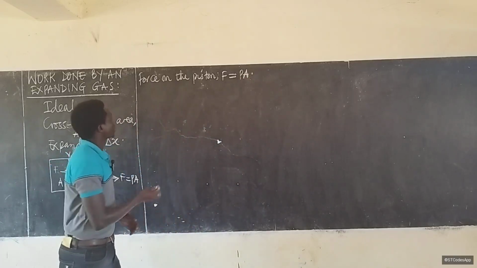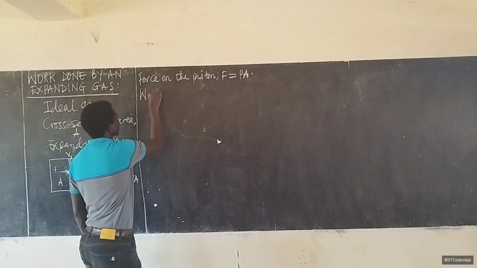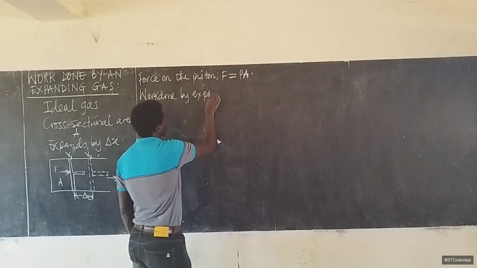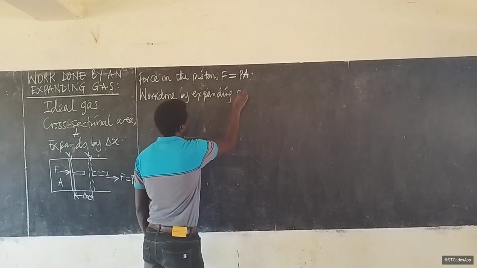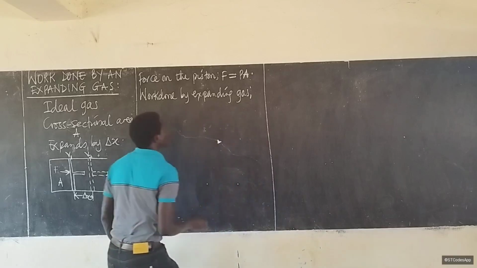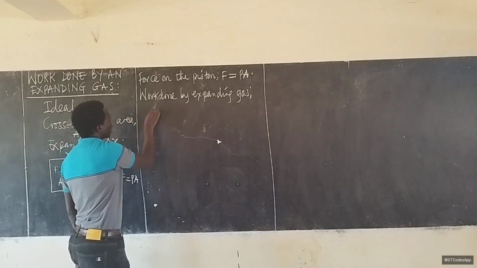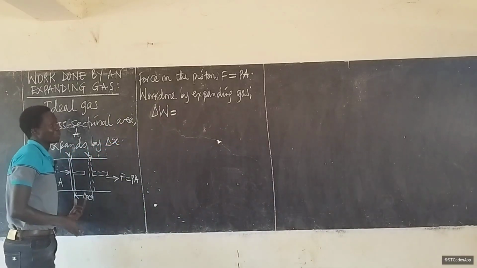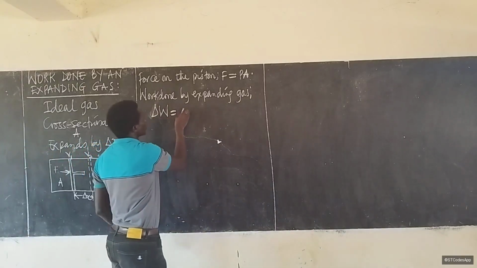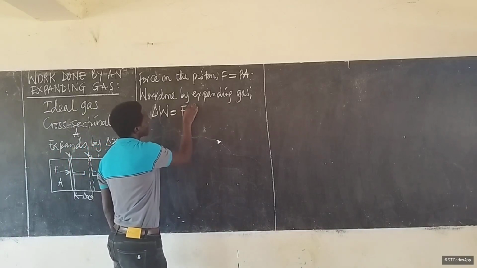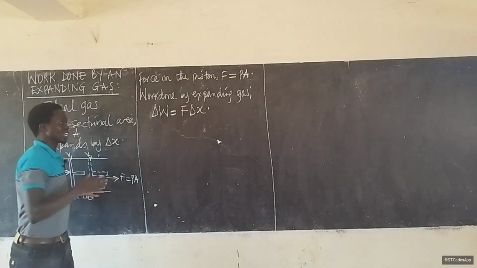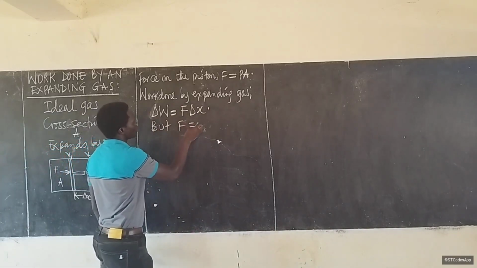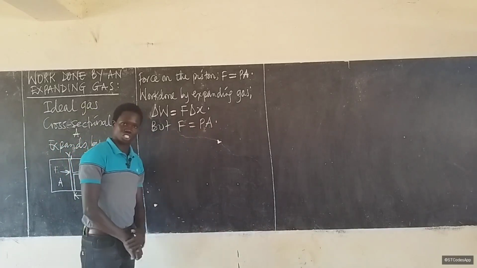So the work done by the expanding gas: a small change in work would be force times the distance moved. But of course, our force F is pressure times the cross-sectional area.